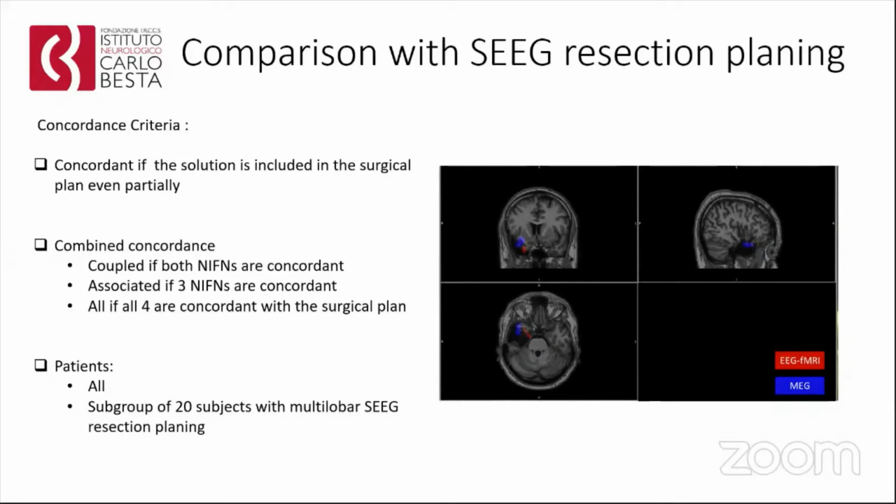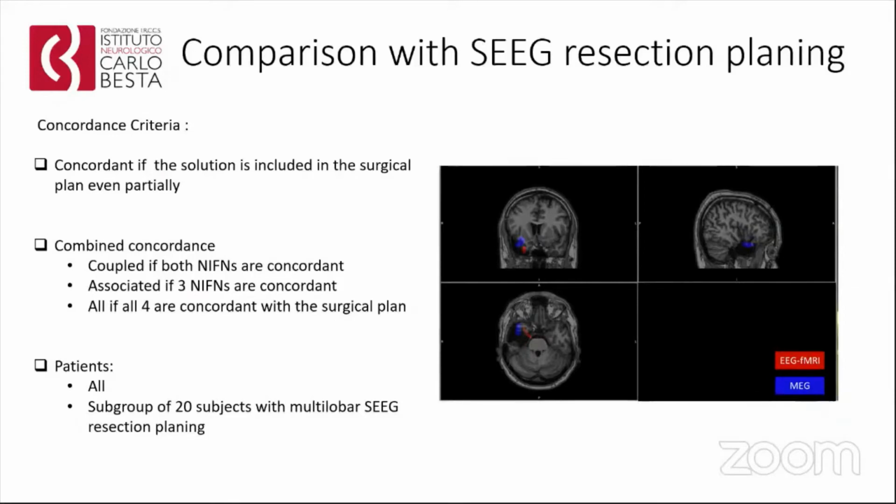The patients were of course various, with all the lobes included, not just temporal patients, with very large probable resection zones and very small ones. So in the second place we decided to also use the subgroup of 20 subjects who had more than one lobe involved in the resection.